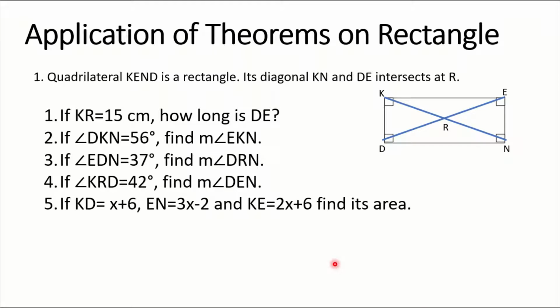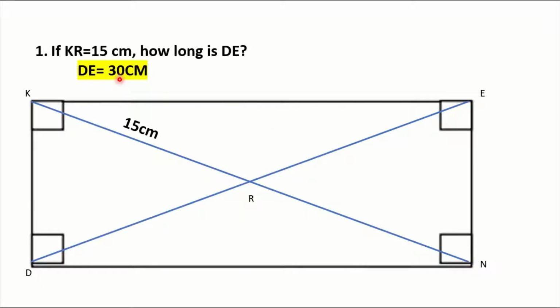So let's apply the theorems on rectangle. So this is the example. Quadrilateral KEND is a rectangle. Its diagonals KN and DE intersect at R. So, let's answer the following questions. Sabi dyan, if KR is 15 centimeters, how long is DE?